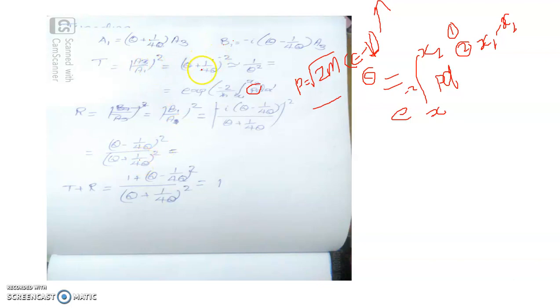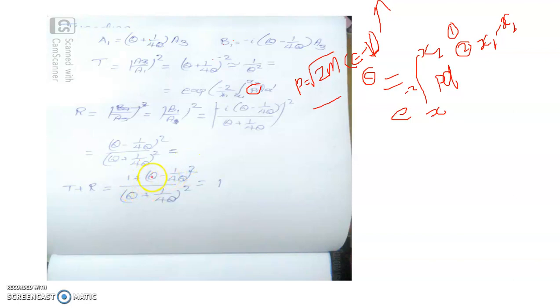So they have a common denominator, that is theta plus 1 by 4 theta whole square. So their numerators are to be added: 1 plus theta minus 1 by 4 theta whole square, whole divided by the common denominator theta plus 1 by 4 theta whole square. Now this is of the form A minus B whole square plus 1.